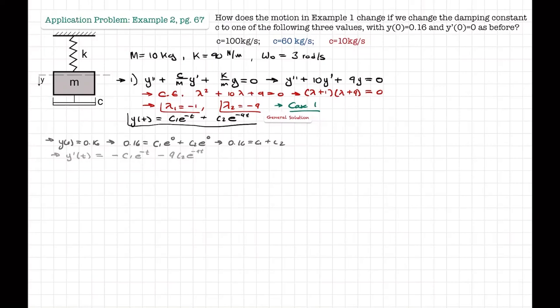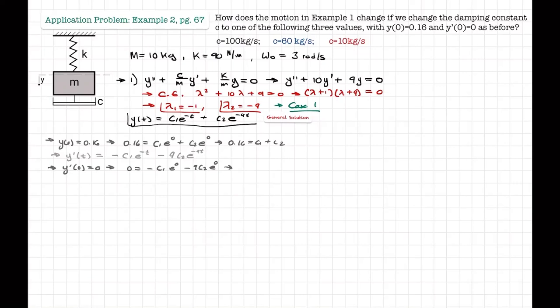Applying the initial condition y prime of 0 equals 0, we have 0 equals negative C1 e to the 0 minus 9 C2 e to the 0.